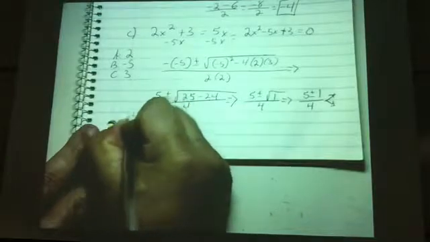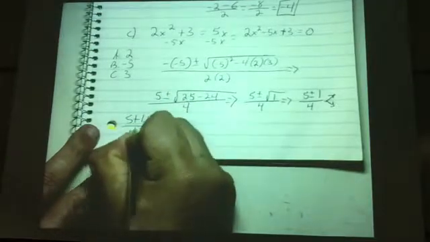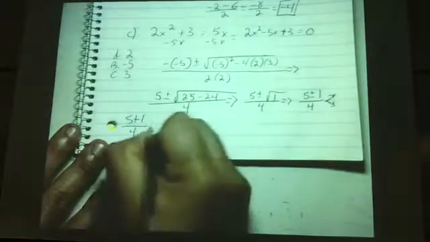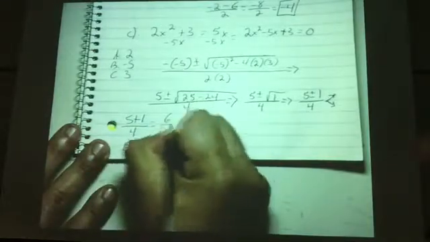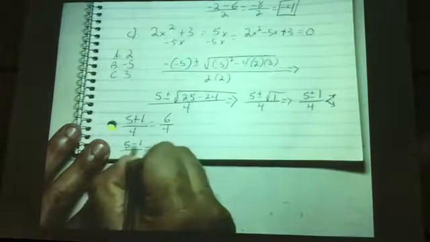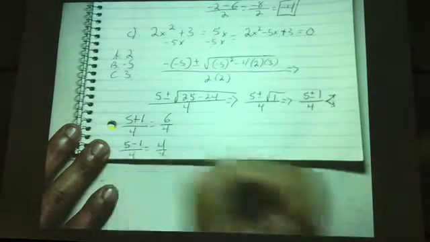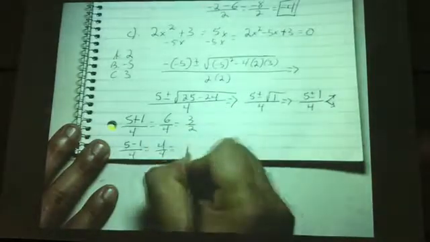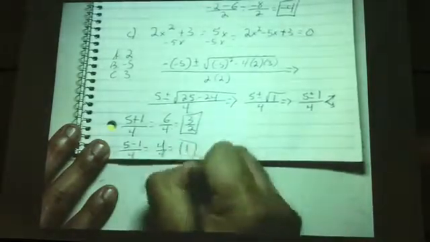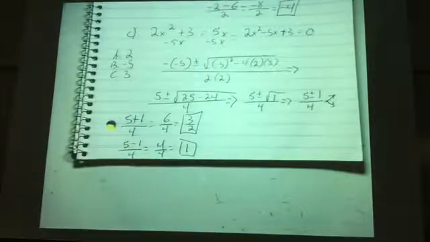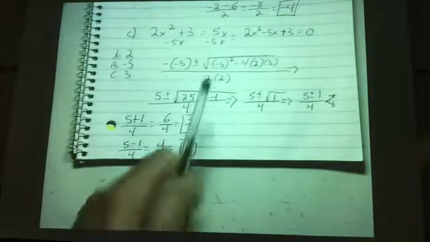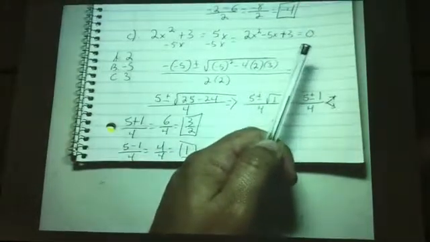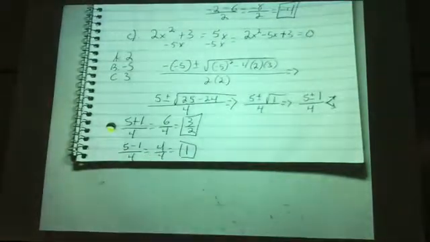It's 5 plus 1 over 4 and 5 minus 1 over 4. 5 plus 1 is 6 over 4. 5 minus 1 is 4 over 4. 3 over 2 and 1. The main point from this example is to know to set our equation to 0. By setting it to 0, we can do the quadratic formula.